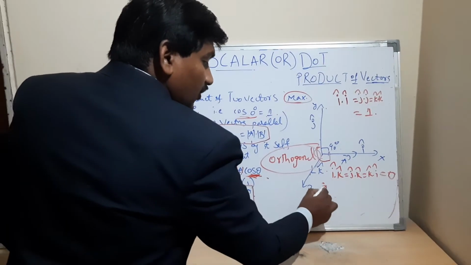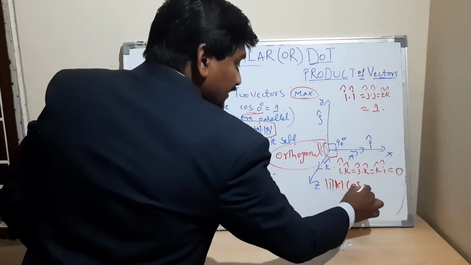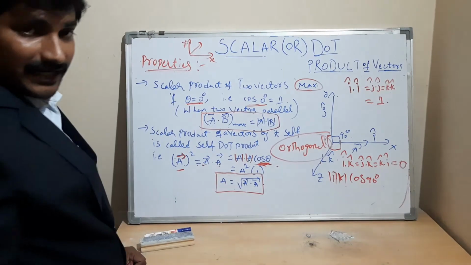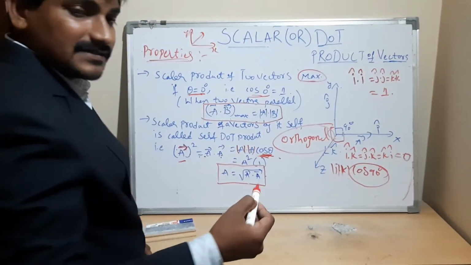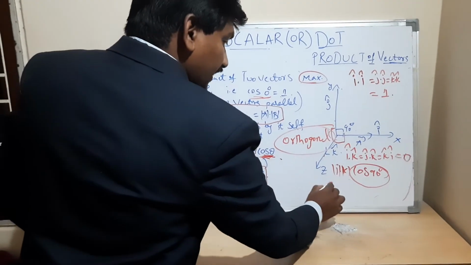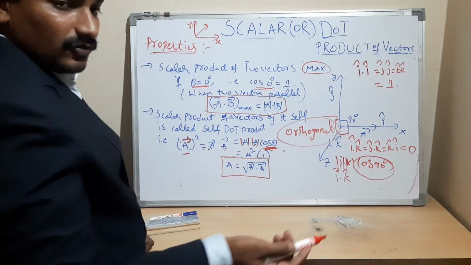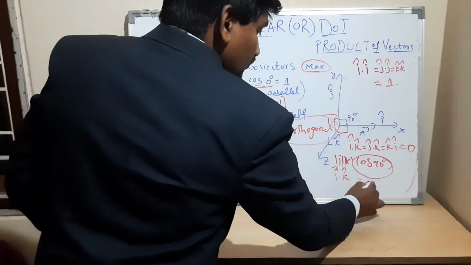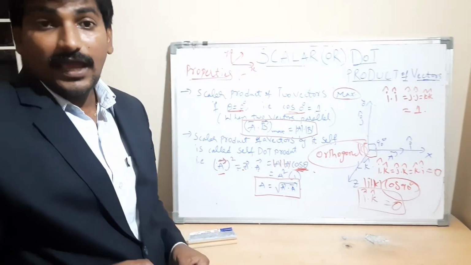Because when you do the product, you get cos 90 degrees, because they are at a perpendicular angle, and cos 90 is always 0. Therefore, the product of two orthogonal vectors is equal to 0 when they are at a perpendicular angle.